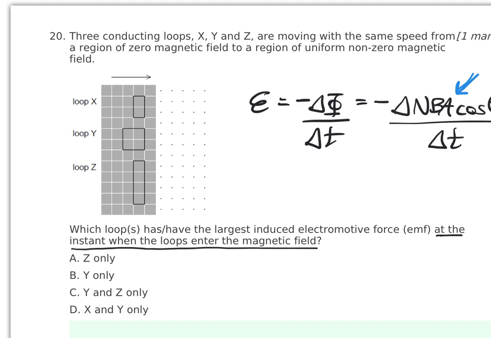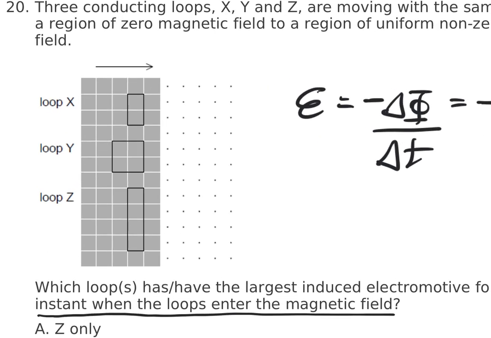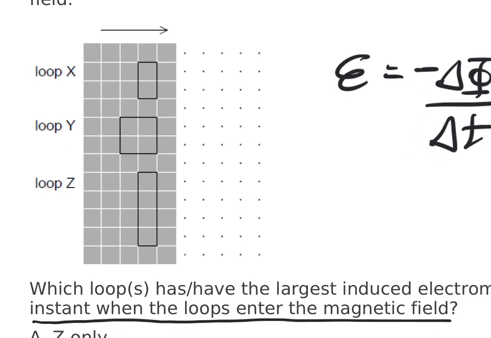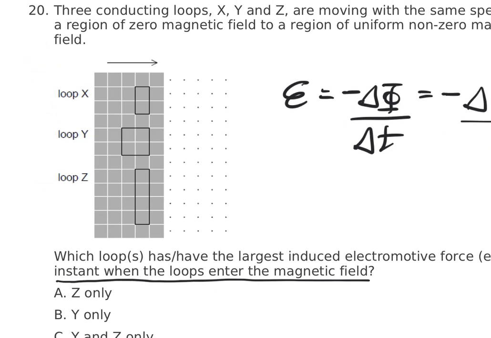But at the instant they enter the field, x and y only have that one side, the side entering the field, which is only 2 squares, whereas loop z has 4 squares entering the field.